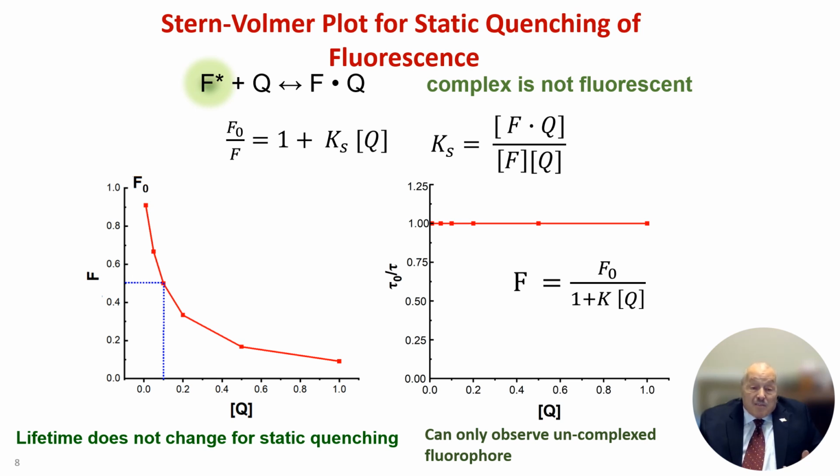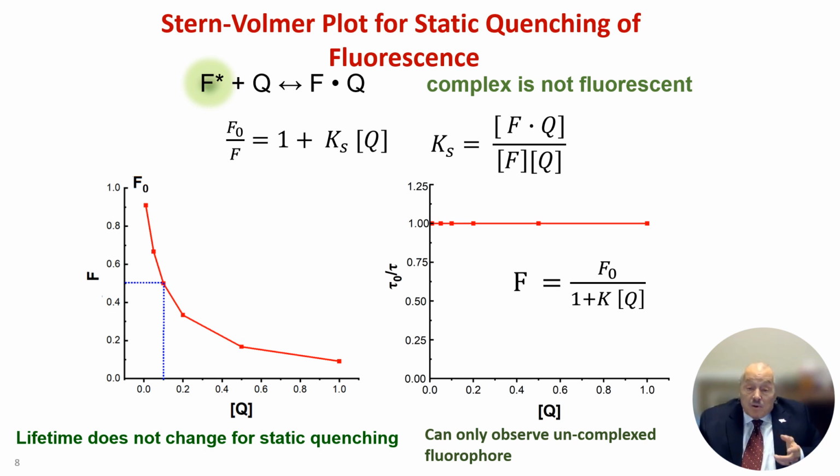So if you look at the fluorescence intensity versus the quencher concentration, it goes down, and F naught on F would go up also. But if you look at the lifetimes, tau naught on tau, you find it stays perfectly equal to 1. The lifetime doesn't change.